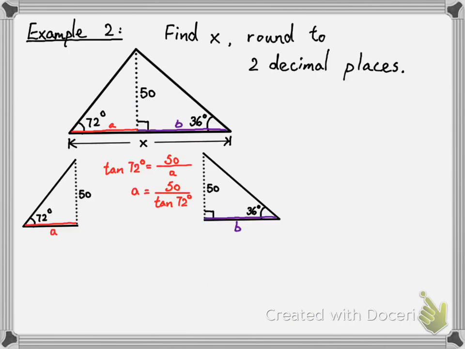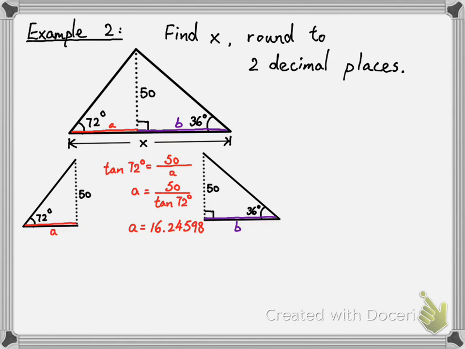Now, as we use the calculator, 50 divided by tangent, parentheses, 72 degrees, close parentheses, A equals 16.24598. You may ask me, Miss, why don't you round the answer to 2 decimal places? It is because our A is not our final answer. In this question, it is asking us to find x, so we will do all the rounding at the end.